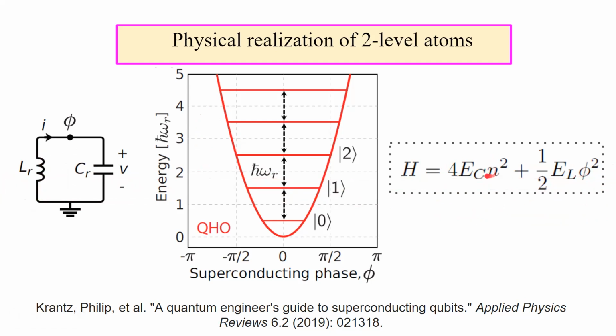These are quantized quantities: n is an integer, and phi is a quantized quantity. This is called quantized flux, and this is called quantized charge. We won't get much into the details of these things at this stage, at least.